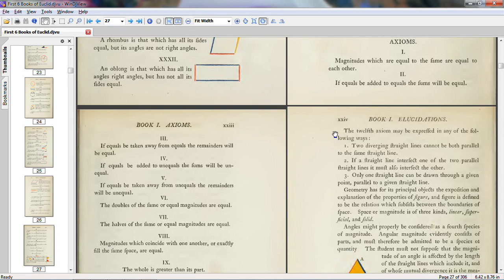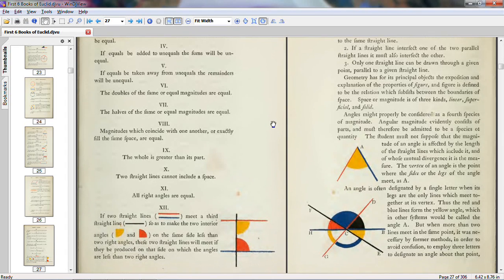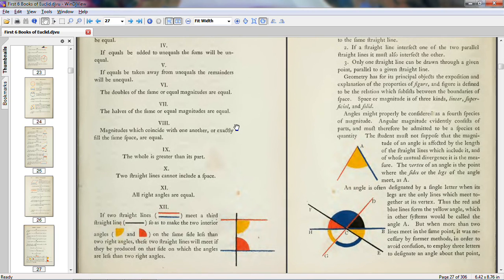If you can do that in your head, then you know what I'm talking about. If equals be taken away from equals, the remainders will be equal. So far, all of these are in the current version of Euclid, of this book.